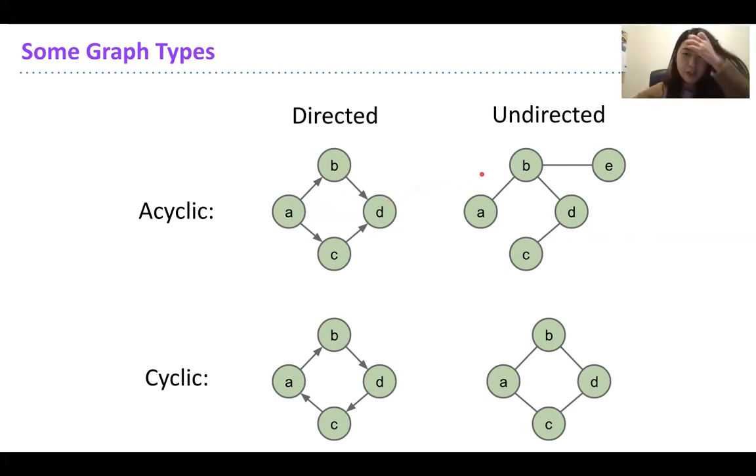Undirected is more clear: we usually represent directed edges by an arrow, and if it is undirected, it's just a straight line. One way you can think about it: when you're driving on roads in some neighborhood, the road is shared, with traffic going down and coming up the hill.